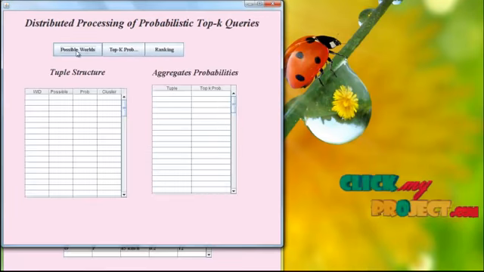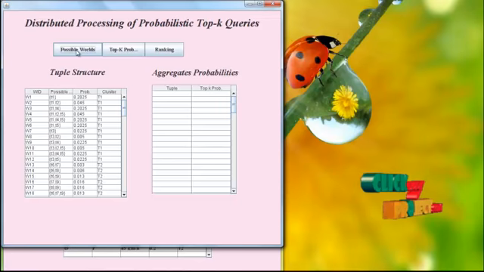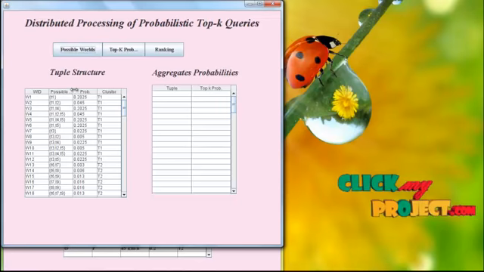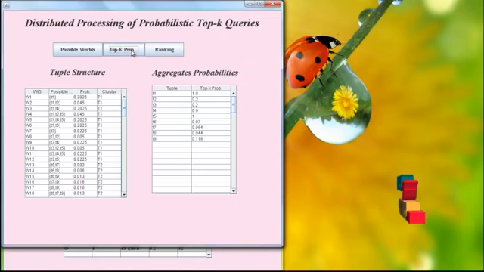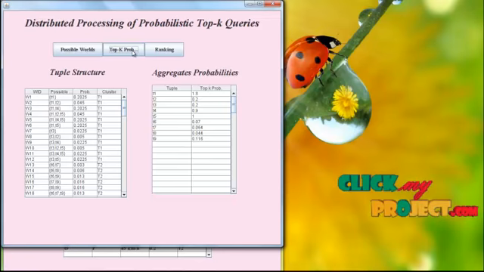Then possible worlds are presented: how many worlds are present on the probability compared to our values presented in a network. After that, we give the top-k probabilities. In this top-k, each node is presented through the probability values of the given worlds. These top-k values are calculated by the probability and confidence levels of each node.